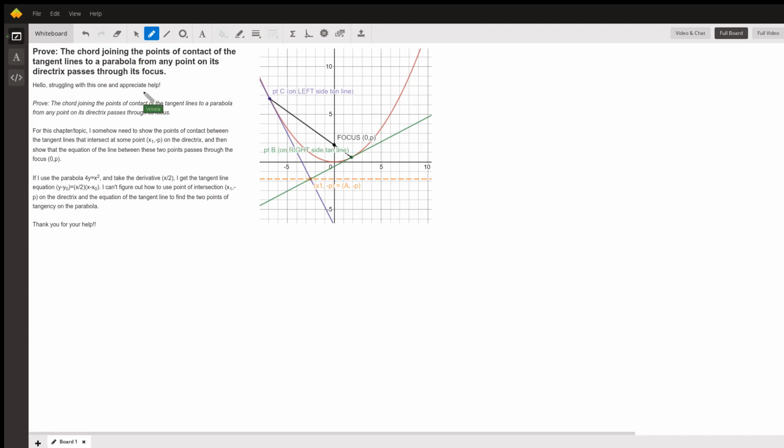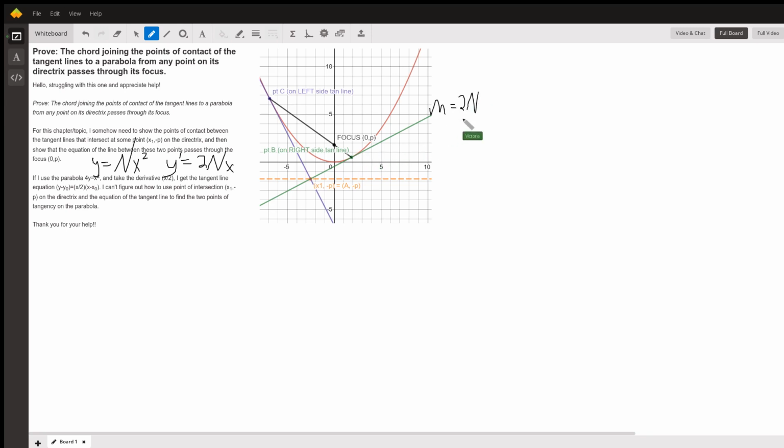Now, just like you know, if I let y equal nx squared, then my derivative or my slope of the tangent line is 2n times x. So this tangent line is 2n.